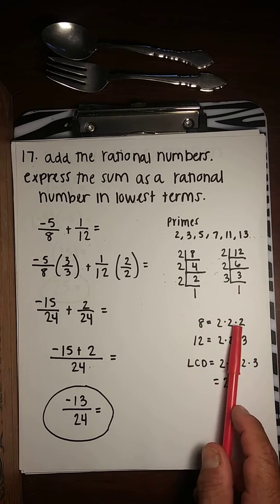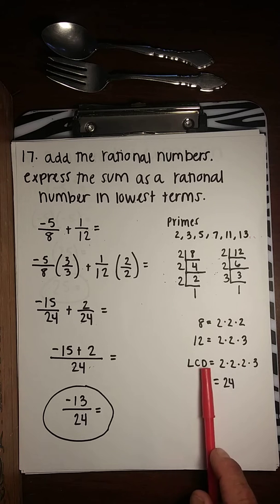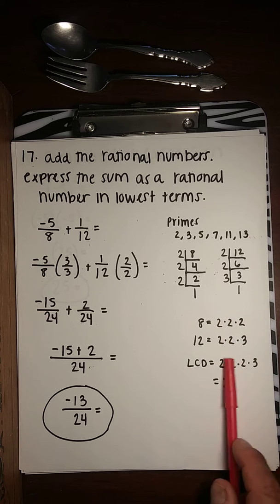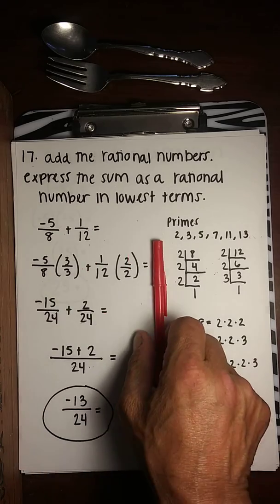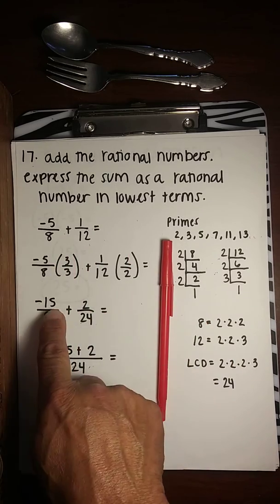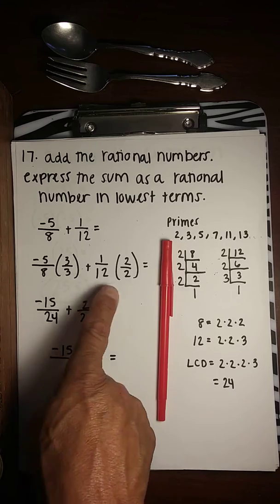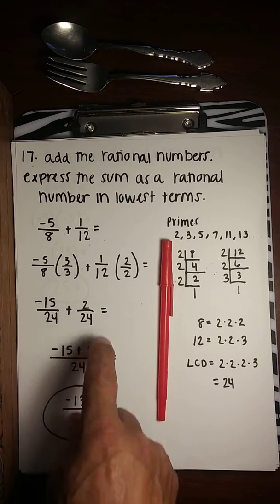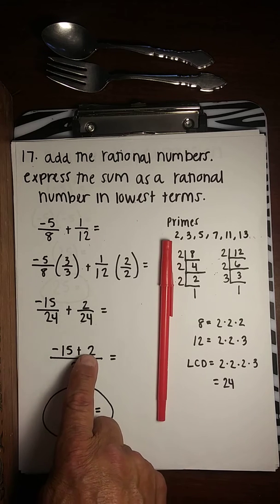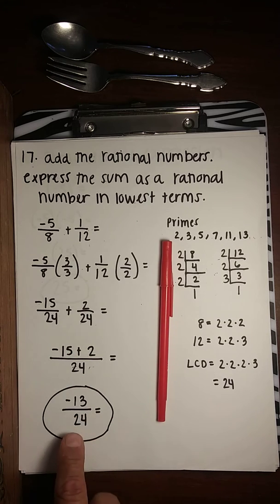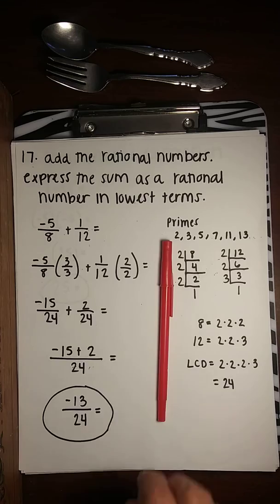So 8 is 2, 2, 2, and 12 is 2, 2, 3. The LCD uses the most of each. I have three 2's and a 3. That's 24. Gotta make them both over 24. 3 times that is negative 15 over 24. 2 times that is 2 over 24. Put them together as one big fraction. So negative 15 plus 2 is going to give you negative 13 over 24. We're done.